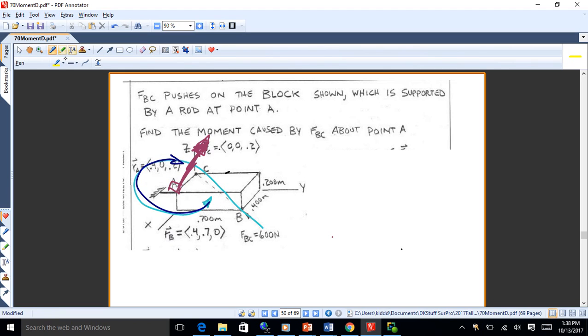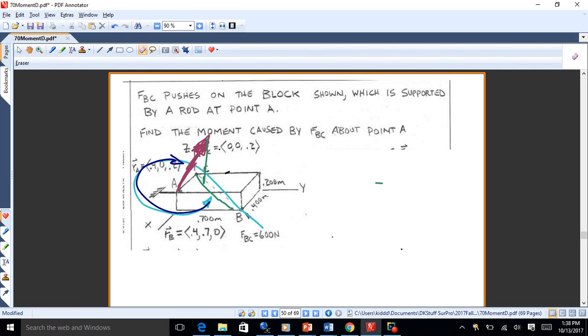Instead of allowing that to be a free moment, if we force it to occur about a given axis, what we would want to do is take that red moment vector that points up and to the right and project it down onto whatever axis we're using, and find the component of that vector that acts along the axis.